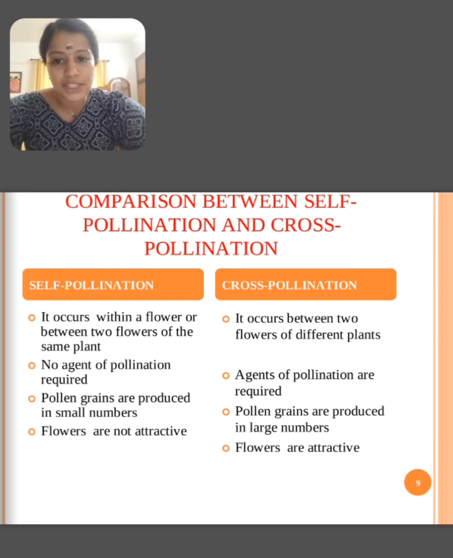In self-pollination, pollen grains are produced in small numbers, but in cross-pollination the pollen grains should be produced in large numbers. As there is no requirement of agents in self-pollination, the flowers are not attractive. In cross-pollination, flowers are attractive so that the agents can be attracted to the flower.